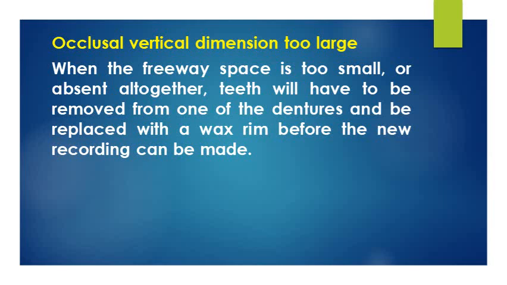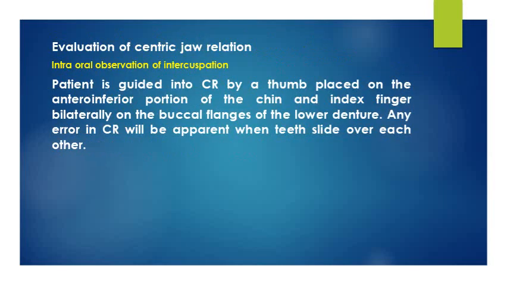The normal freeway space is from 2 to 4 millimeters, about 3 millimeters. If it is 2 millimeters, it is a very narrow freeway space. This is not good for the patient. So in this case, we need to remove one of the arch teeth and replace it with a bite rim and record centric again.